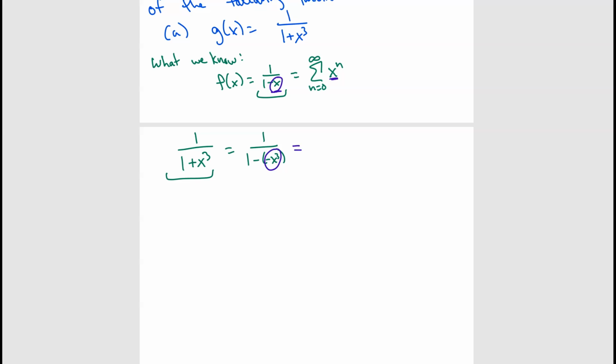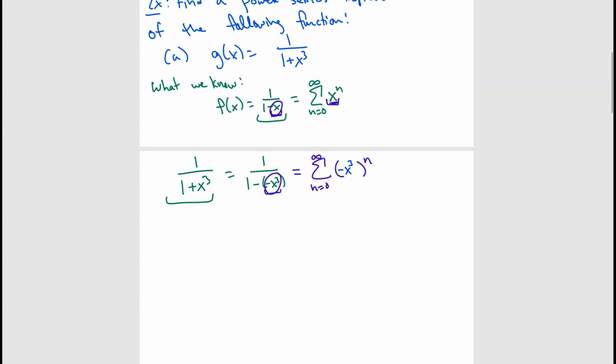So I can represent this as the sum from n goes from 0 to infinity of whatever's inside to the n power. Here we just had x, so I plug in x to the n power. Here we have negative x to the third, so I'm going to plug in negative x to the third power.